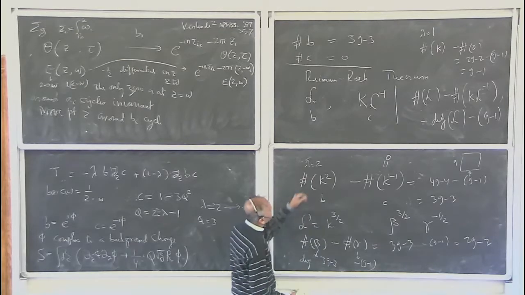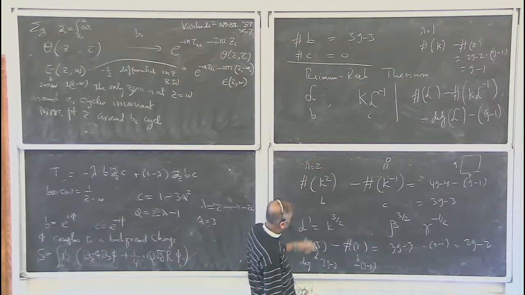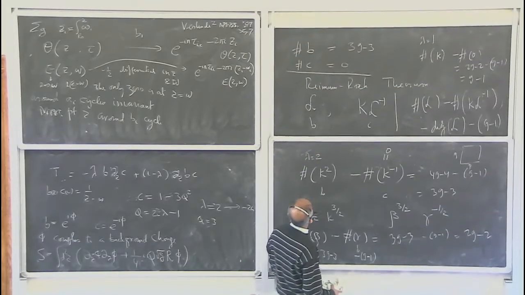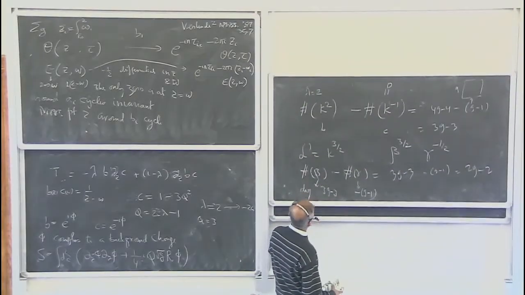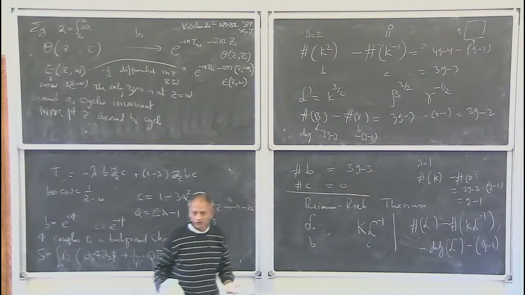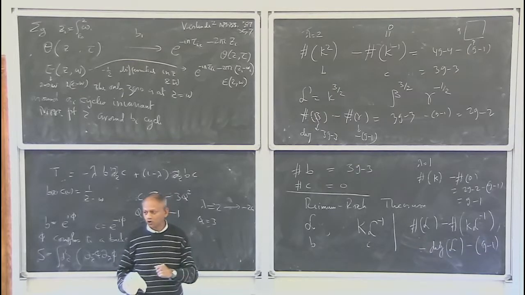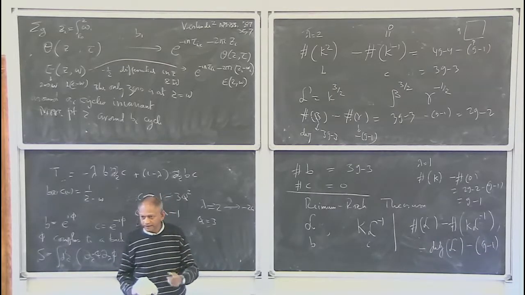Okay. So the upshot is that if I want to compute the correlation functions of BC, there are 3G minus 3 zero modes for the B. So in order to have a non-zero correlation function, you should be able to soak up the 3G minus 3 zero modes, right?